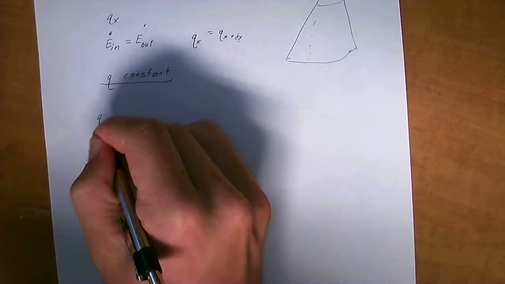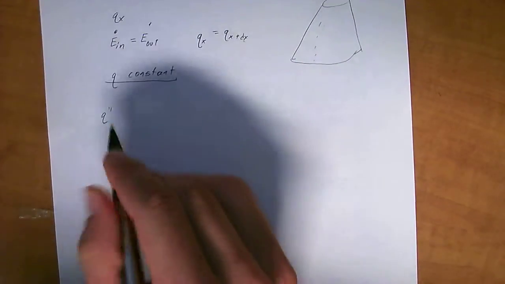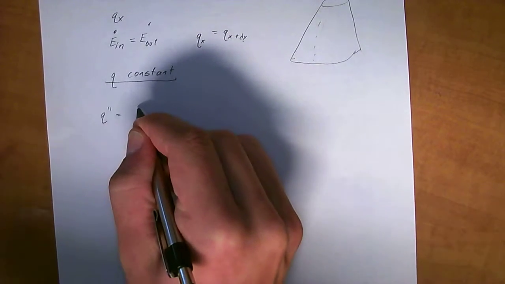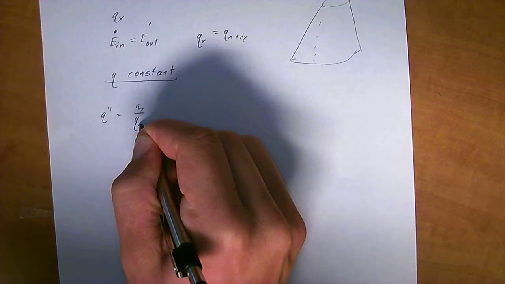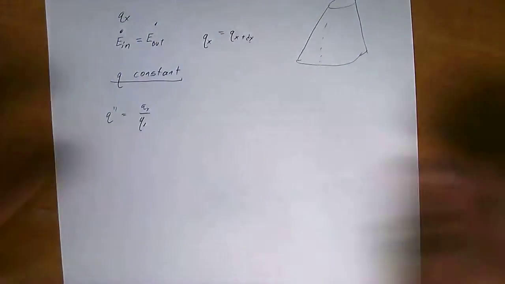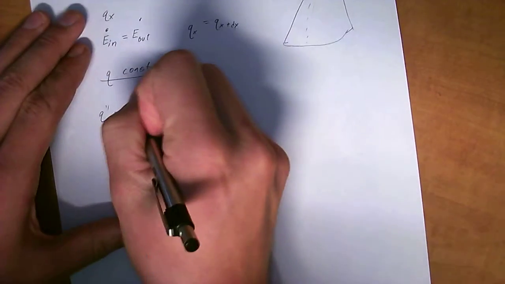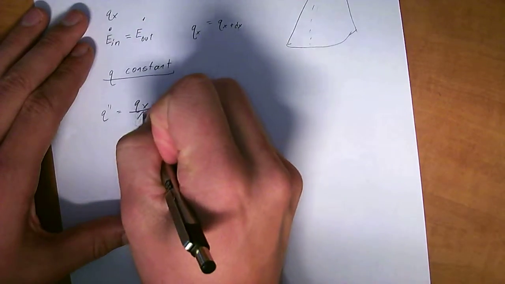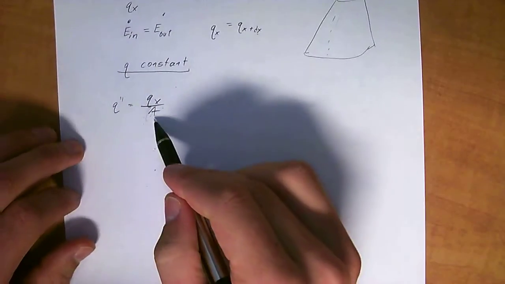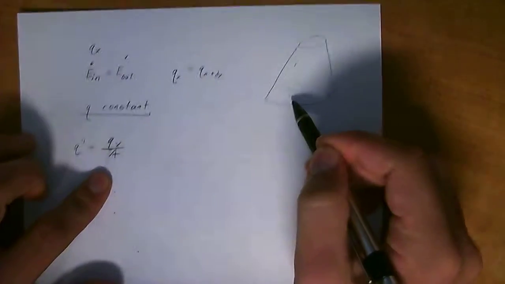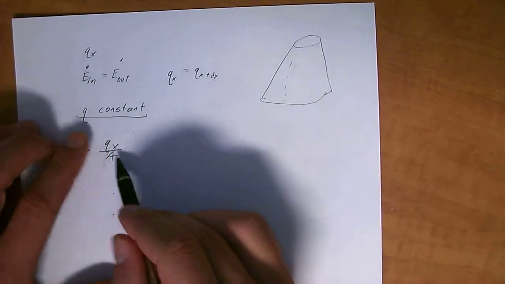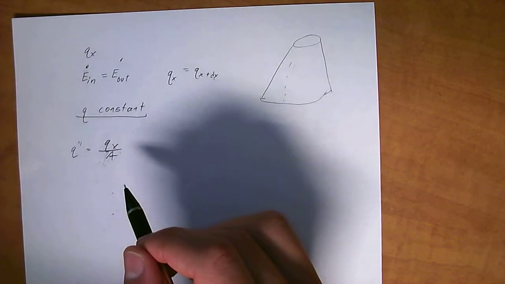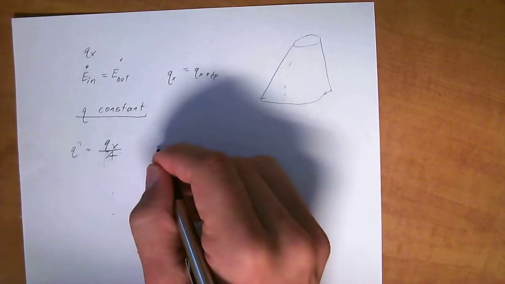But as the area increases, Q double prime, the heat flux, which is the heat transfer through an area, equal to Qx over A, is going to change. As the area increases on this cone, the heat flux is going to decrease, because as this number gets larger, this number gets smaller.